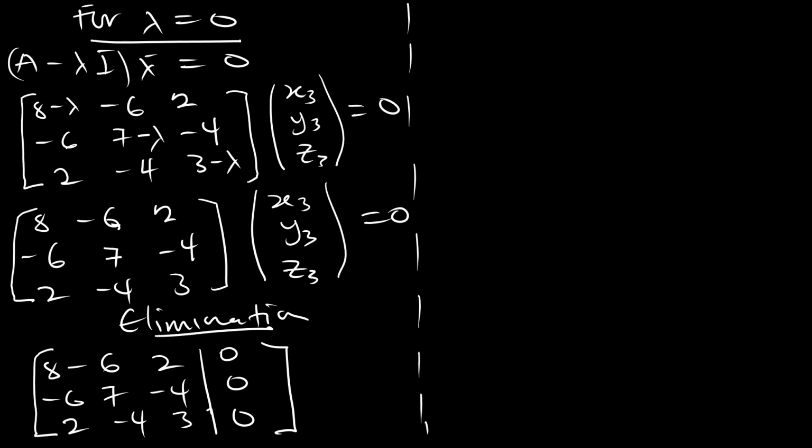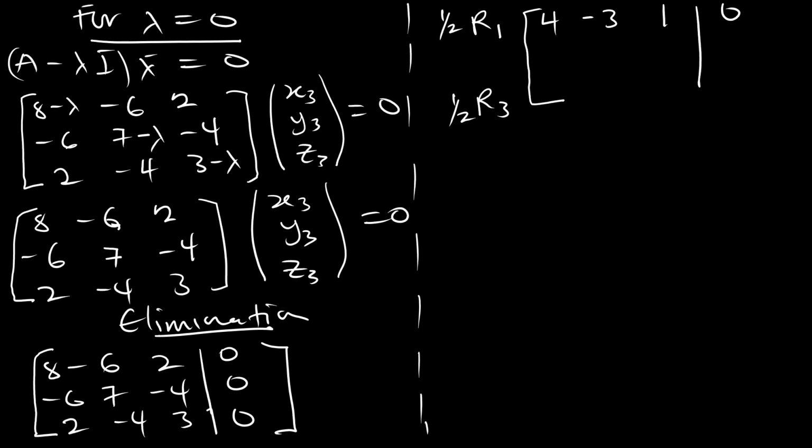Here, I want to multiply row 1 by half, and row 3, I also do half of row 3. So this is going to give me 4, negative 3, 1 going into 0.